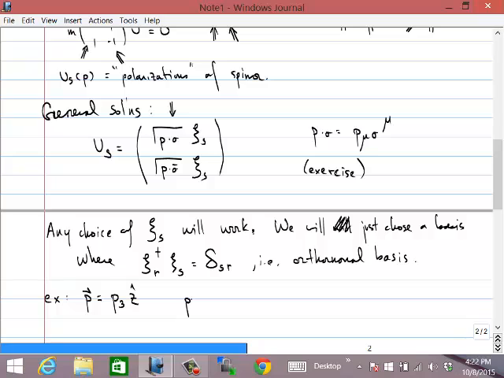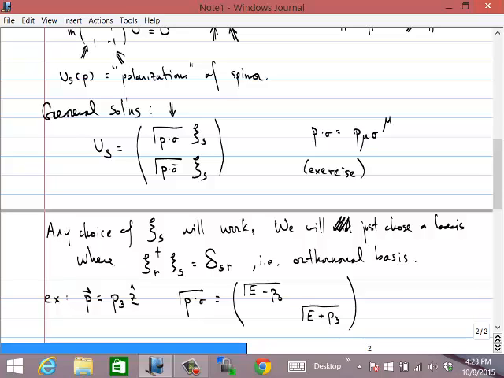Then what is the matrix P dot sigma? Well, sigma 3 is a diagonal matrix whose entries are 1 and minus 1. So this is just the square root of E minus P3, and E plus P3 on the diagonals. How do you see that?